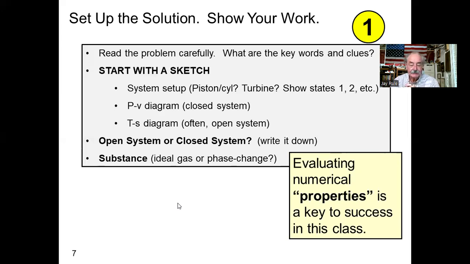You get the idea. So it's one or the other of those two categories. Now, I'll remind you that evaluating the numerical values for properties is a key to success in this class, and your ability to get those properties quickly fully depends on how much you understand and have done the homework problems.